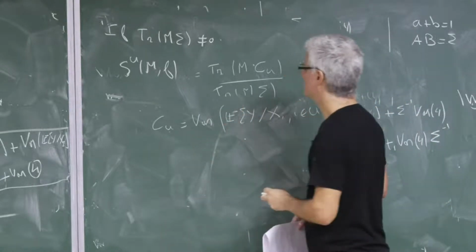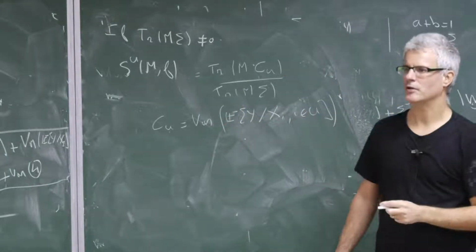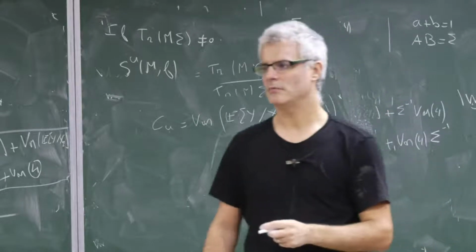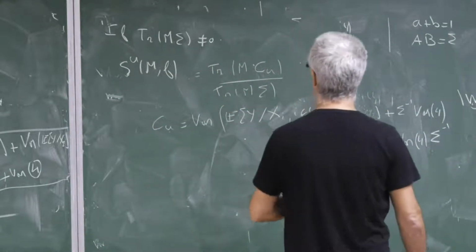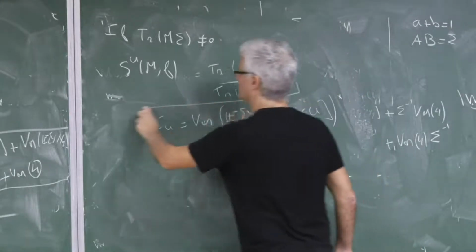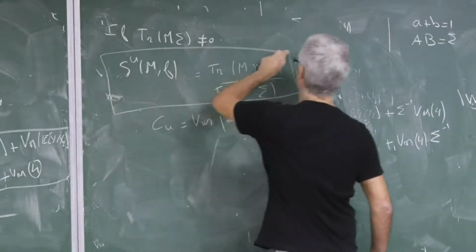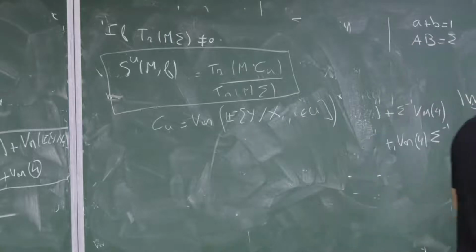I denote by C_U the variance of the conditional expectation of Y knowing X_E for E in U. So this is just a definition of this index.